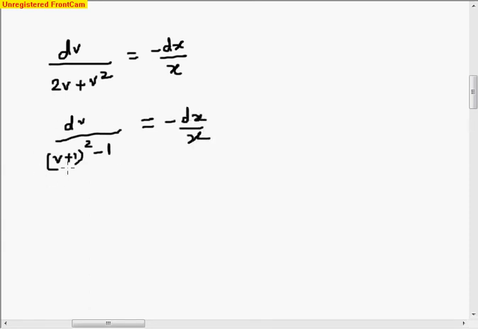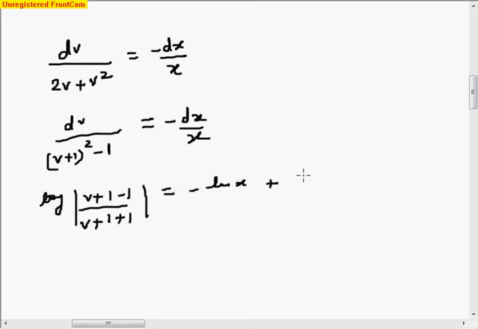Here you can apply the formula of x square minus a square, that is log of (x minus a) upon (x plus a) is equal to minus log of x plus some constant, right?